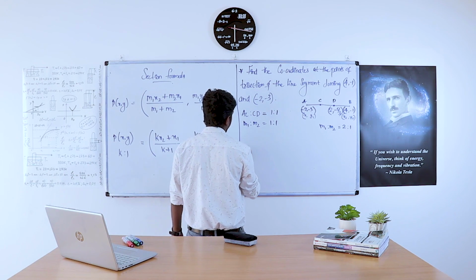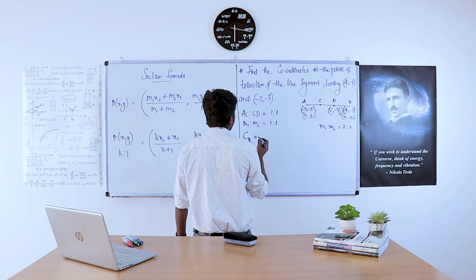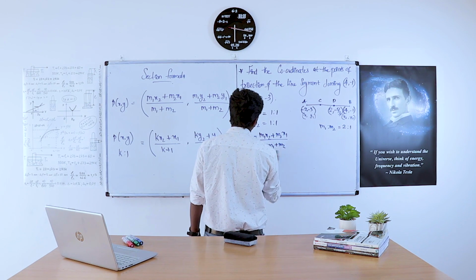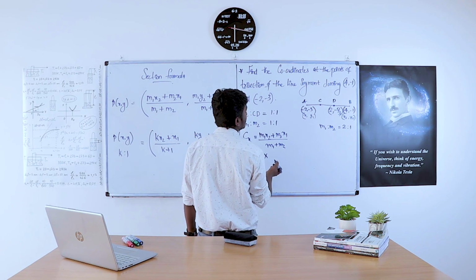So first I am finding the x coordinate of C, that is Cx is equal to m1 x2 plus m2 x1 by m1 plus m2. That is equal to, what is m1? m1 is 1 into what is x2?